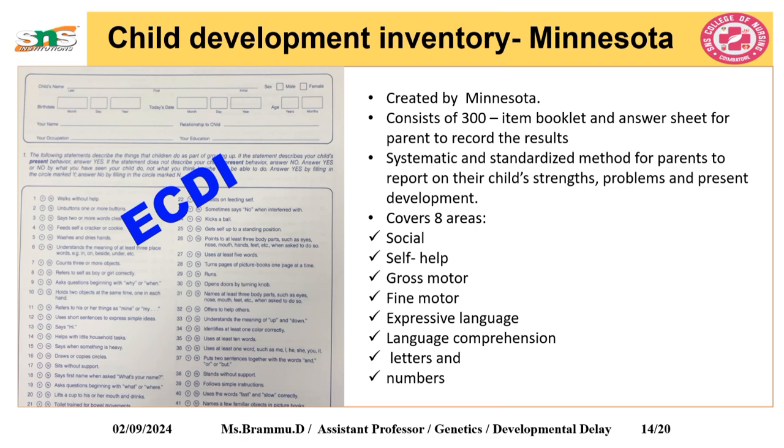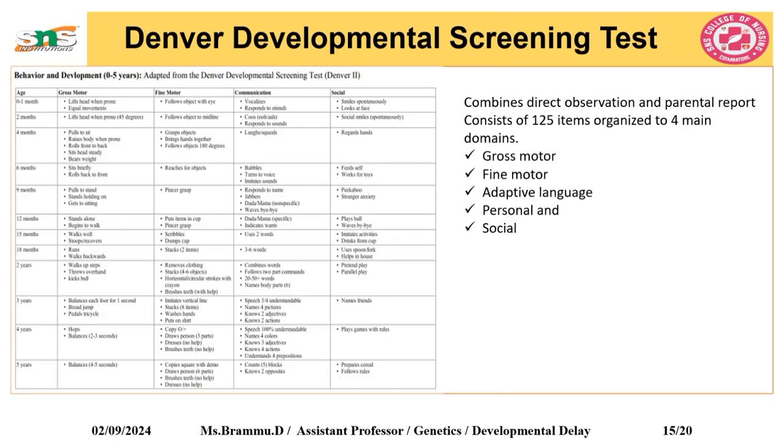This test covers eight major areas, such as the social development of the child, and self-help, that is, whether the baby or child is able to do their own activities on command or by instruction.